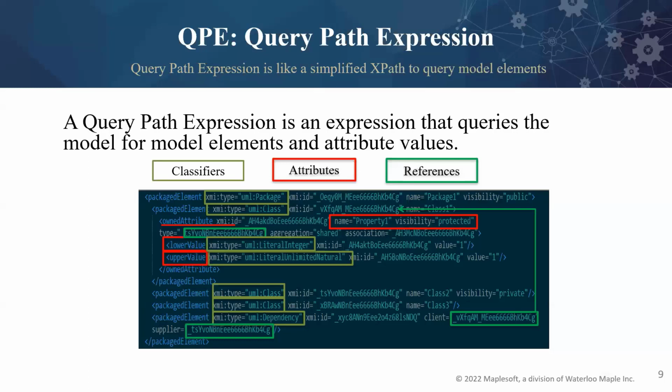And finally, we also have references. References are just pointers to a different model element. For example, take a functional exchange. A functional exchange does not own the source function or the target function. It just has a pointer that connects to a source and a target.